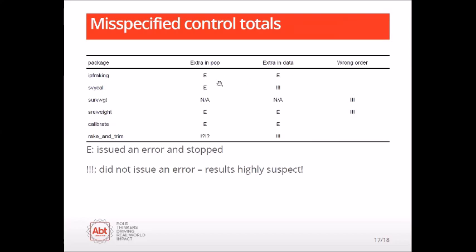And so what if I have 100 variables or 100 numbers in my specification of the population numbers, but 101 in the data, or the other way around? So my code produces specific error that says, those are the categories that I see in the control totals. Those are the categories I find in the data. This is the mismatch. Those are the variables that I see in the population, but not in the sample. Those are the variables and labels that I see in the sample, but not in the population.